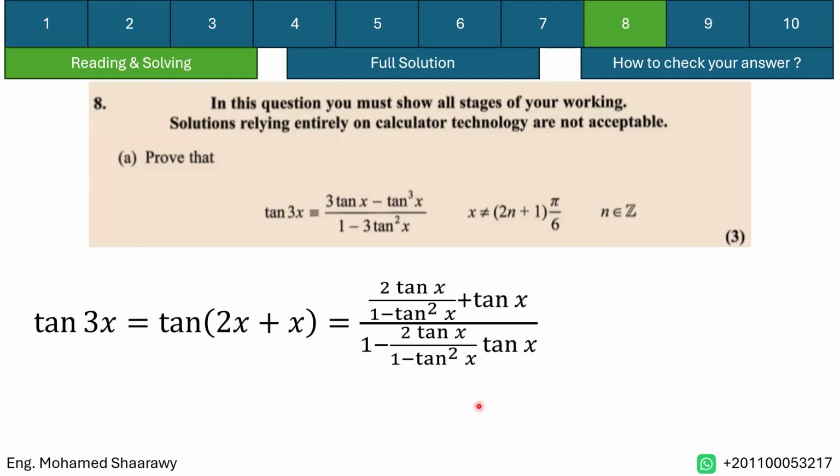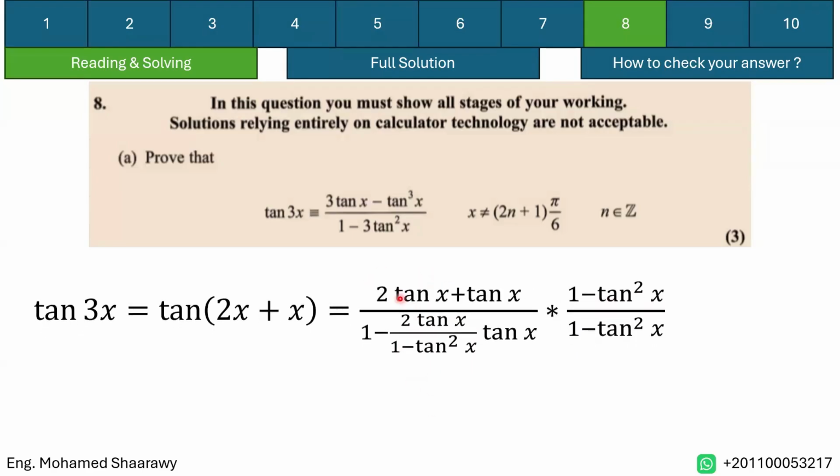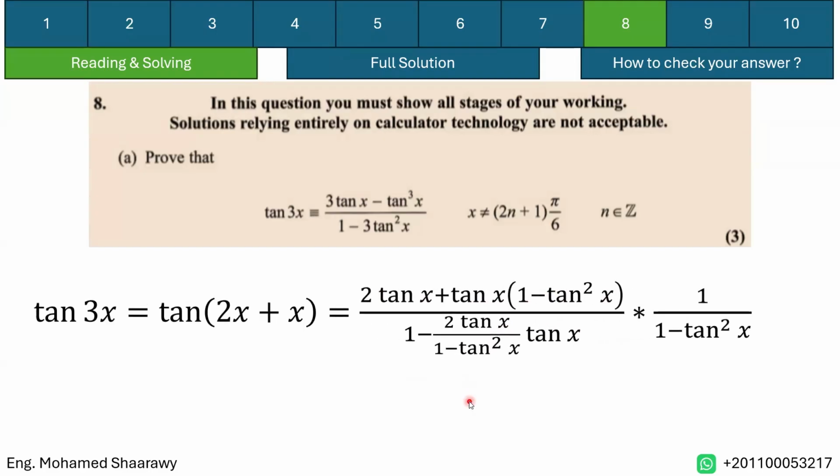Okay, now in order to get rid of these complex fractions, I can multiply both the numerator and the denominator by this 1 minus tan squared x. So 1 minus tan squared x multiplied by this term, they will cancel out, and I'll be left with 2 tan x. And tan x multiplied by this, I'll just multiply them together later.